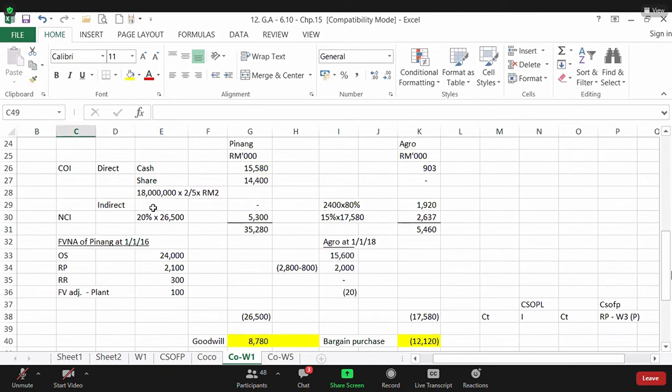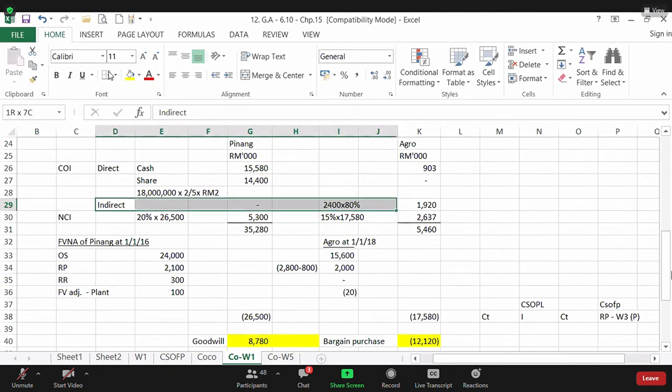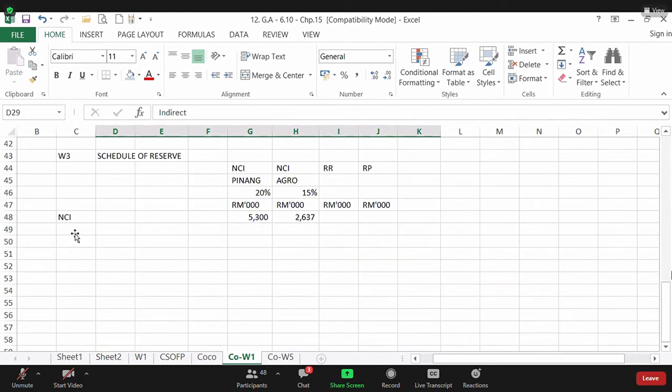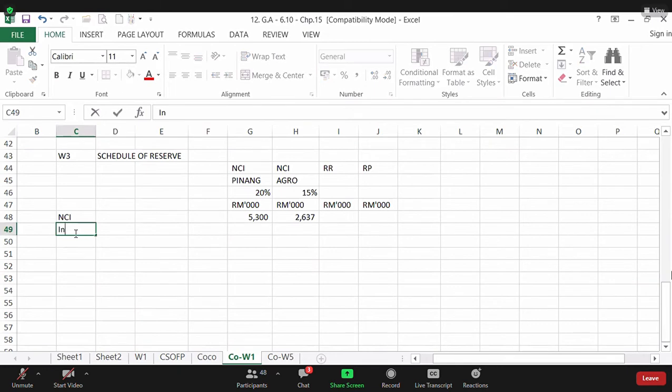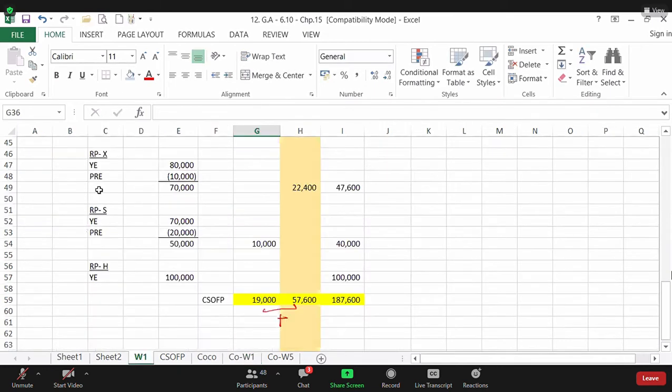Then this is indirect that you record in your book. So we have to eliminate another 20%. Remember the working that I showed here?